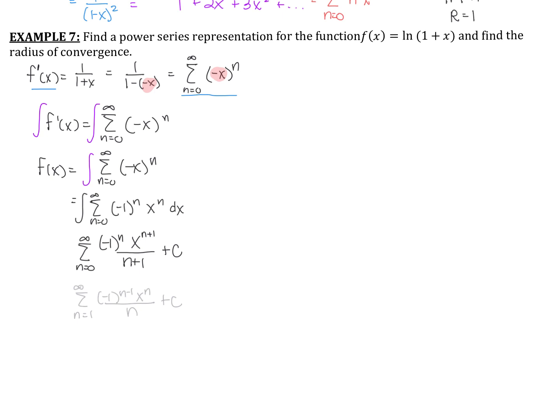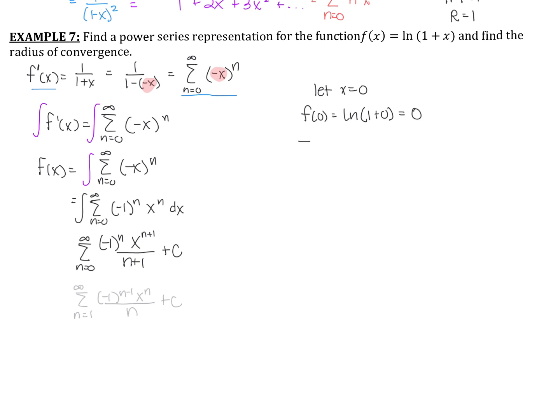Now, I need to find a c value for this power series representation. So to find c, I'm going to let x be 0. It doesn't really matter which function we go into, but I'm going to start with f of 0. If x is 0, then the natural log of 1 plus 0 is equal to 0. Well, that helps quite a bit because if x is 0 and y is 0, I can use that to find c.